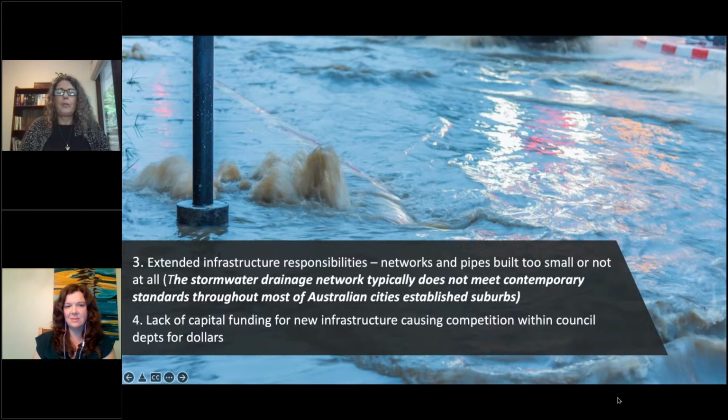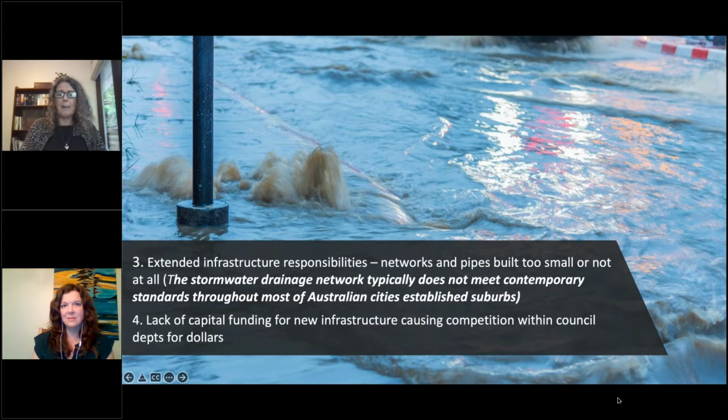There's also the infrastructure responsibilities of replacing networks and pipes that were built ages ago and are too small to cope with the extended impervious surfaces. So that also quite often assists in flash flooding in suburban areas as well.